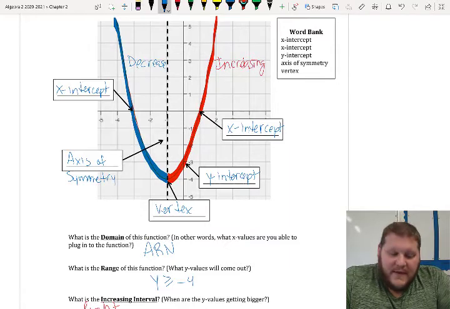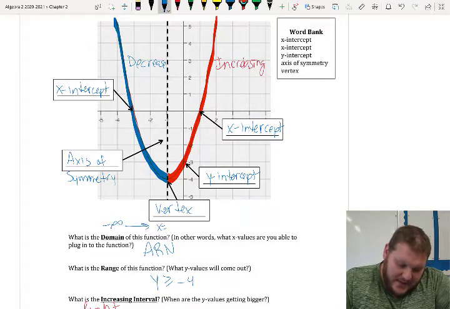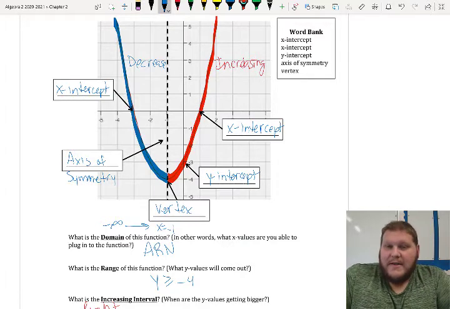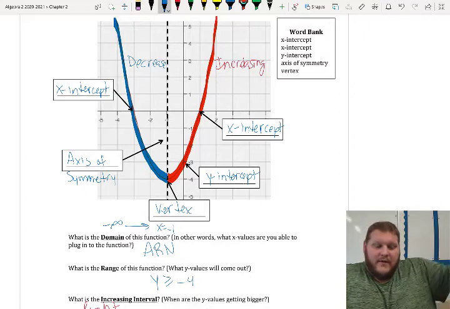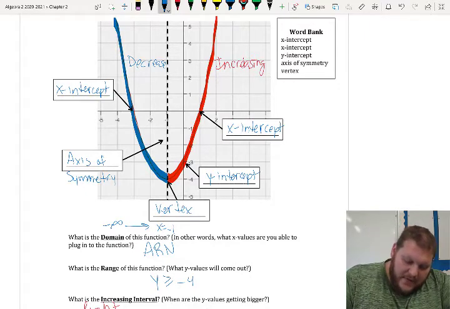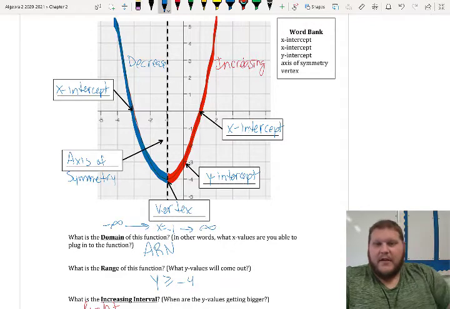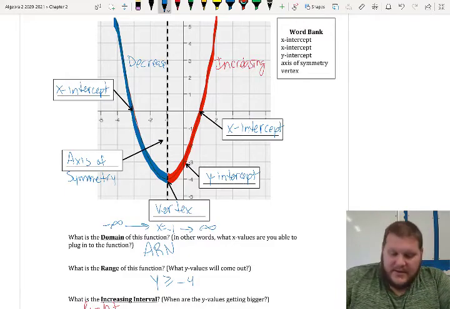If you're looking at the x values, all of my x values from negative infinity all the way up until they hit this x value of, what is this, negative 1? That's where my AOS happens. Everything up until negative 1, my y values are going down. That's the blue side. They're decreasing. And then everything after negative 1, all the way to infinity, my x values get bigger, my y values get bigger. So that would be our interval of increasing.